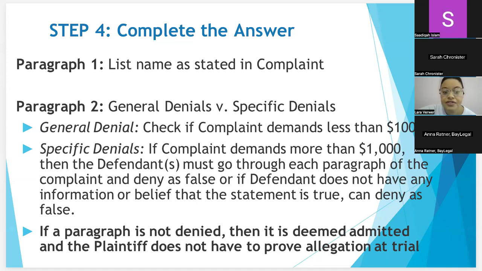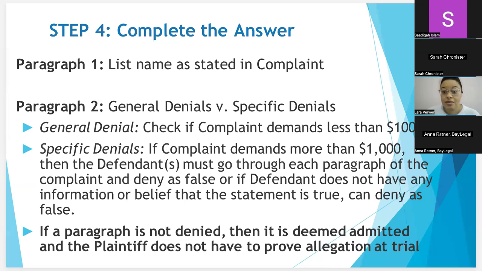Next, paragraph 2 is about general denials versus specific denials. This paragraph is important because a landlord has to prove every element for an unlawful detainer that they allege in their complaint at trial. If a defendant doesn't deny anything in their answer, then a landlord can take the defendant's answer and say, look, they didn't deny anything.